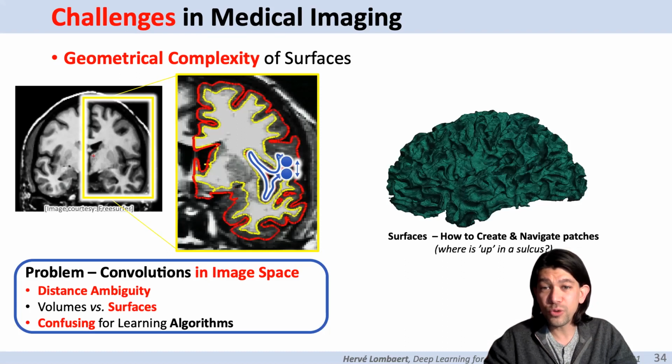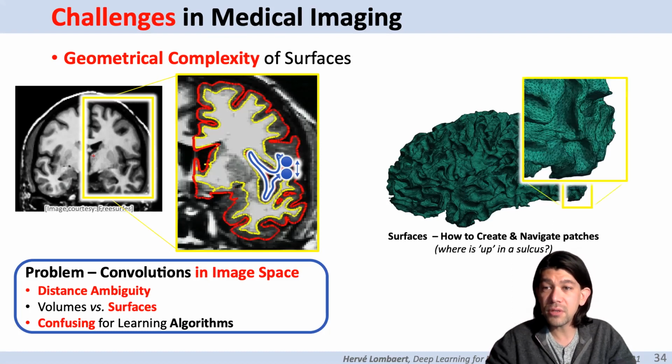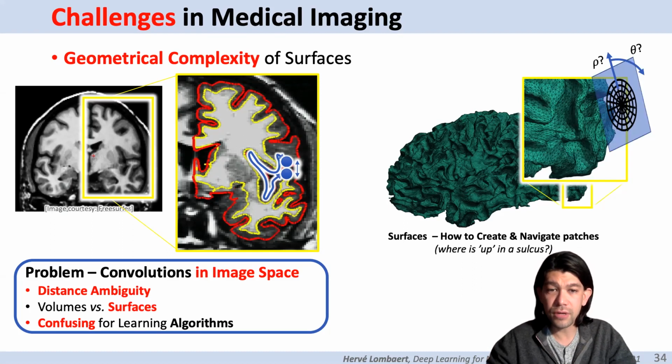And then if you really want to work directly on the surface, how do you navigate on it? On an image, you have a grid, you know where your point is on the left, on the right, but on the surface, there are even cases where it can become upside down if you walk on the surface itself. And then I raise the question of how to define the coordinate systems as well.